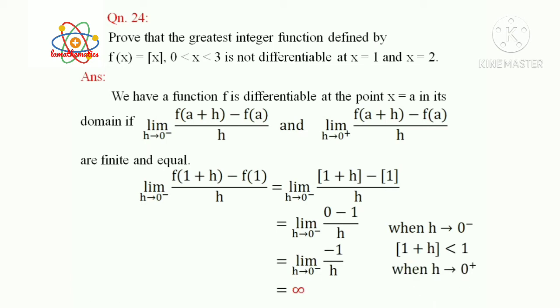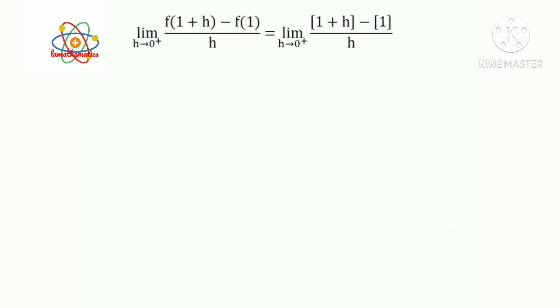Also we have when h tends to 0 plus, greatest integer [1+h] is greater than 1, that is, greatest integer [1+h] equal to 1. Limit h tends to 0 plus [f(1+h) - f(1)]/h equal to limit h tends to 0 plus [[1+h] - [1]]/h.